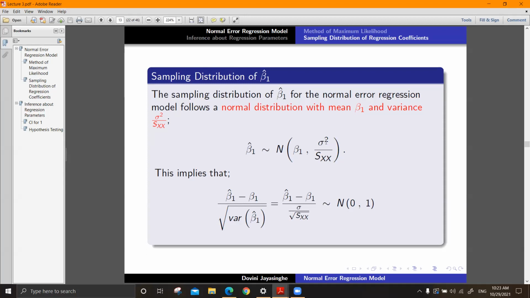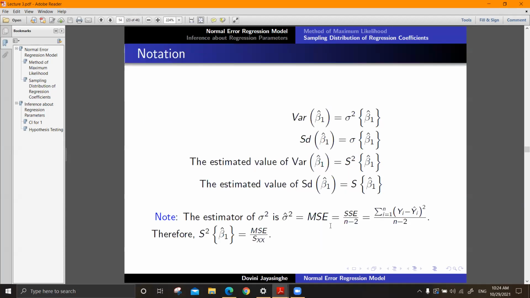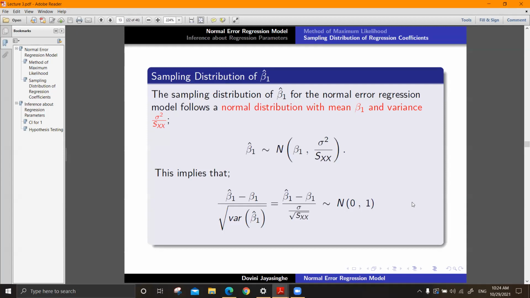But what if we don't know the population variance? You can't put capital S here, right? If you don't know the population variance, you can't simply plug in the sample variance for the population variance. That is wrong. That is why we have to estimate it. So if we substitute MSE, the distribution is going to change.